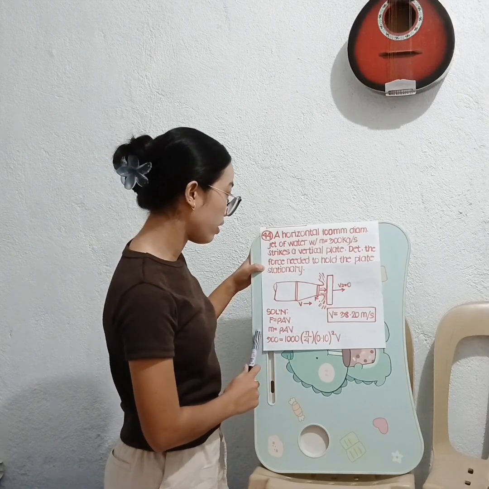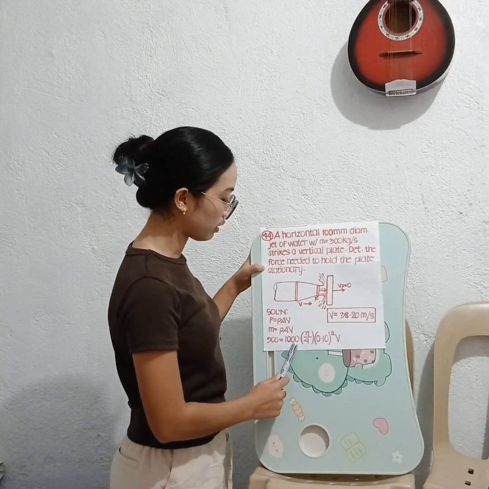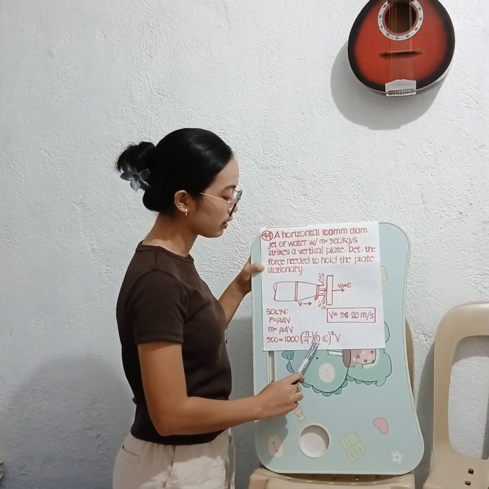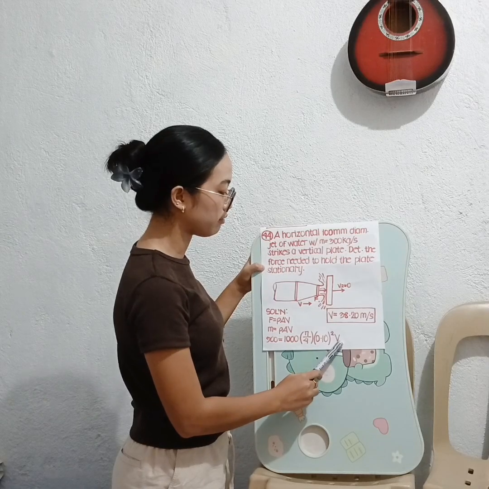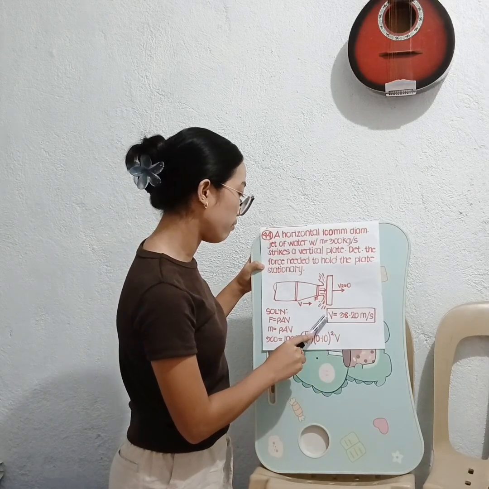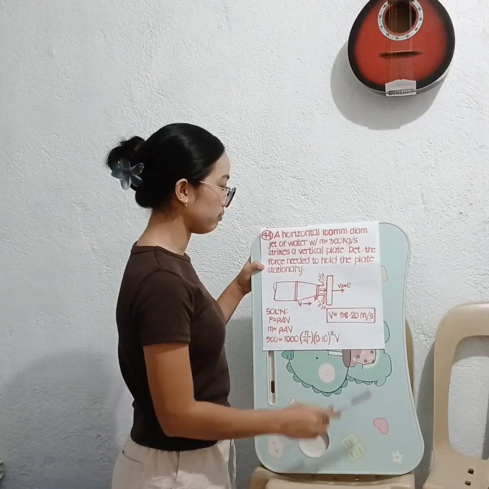So our m is equals to 300 is equals to 1000 times the area of pi over 4 times 0.10 squared times V. So we get the value of velocity. We have 38.20 meters per second.